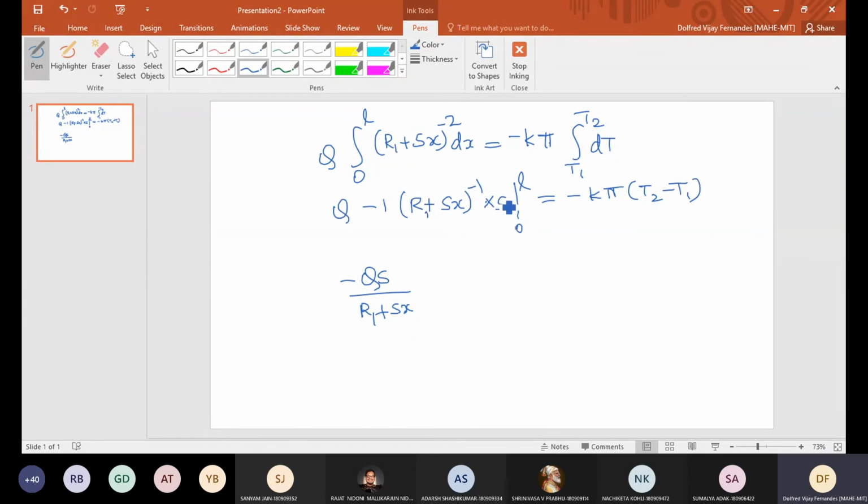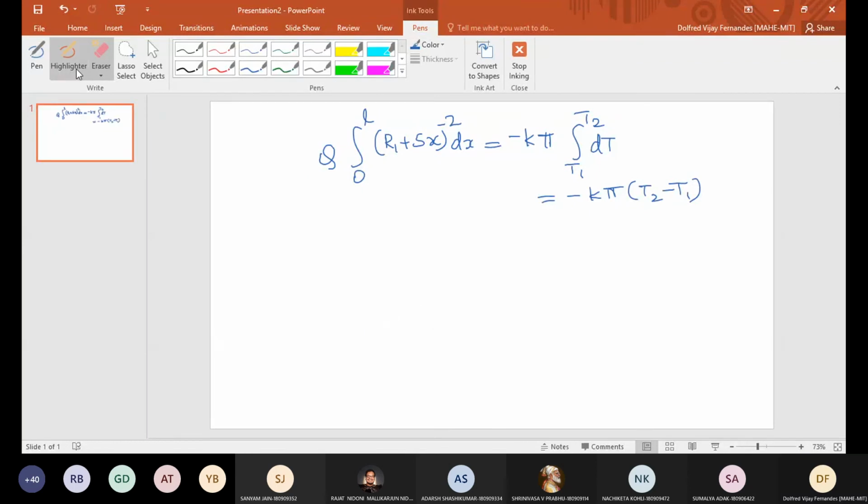I am multiplying here, so it should be division. So when you integrate this one, it should be minus 1 by S into 1 over (R1 plus Sx). Okay, this is the correct one.